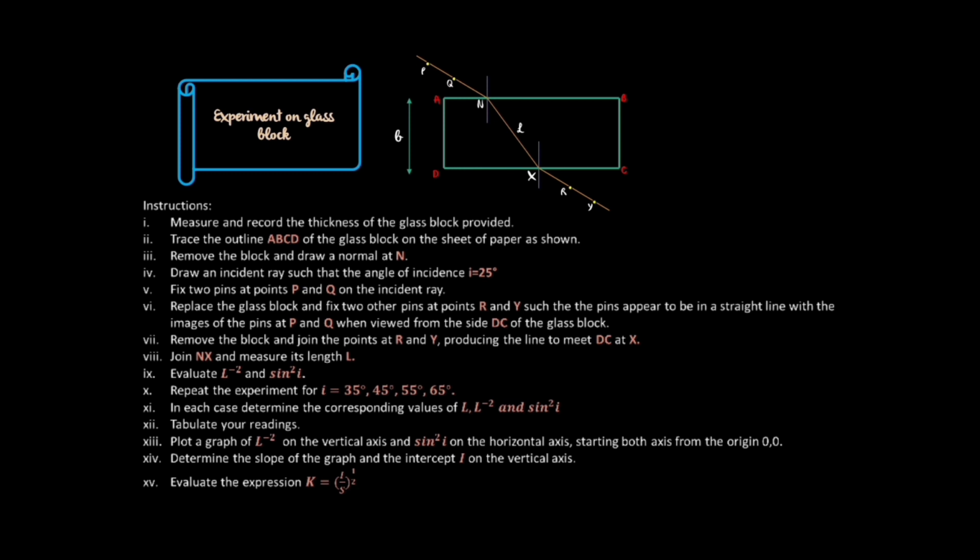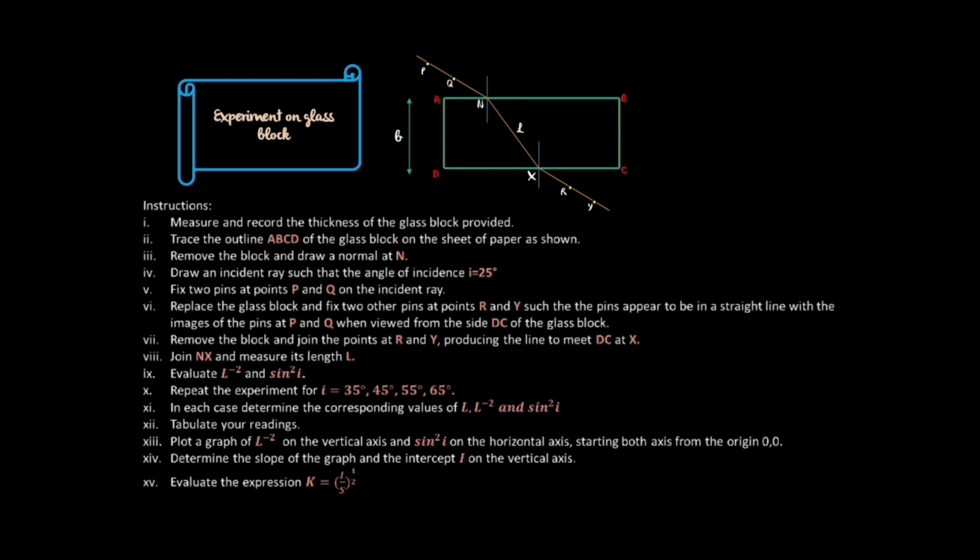Replace the glass block and fix two other pins at points R and Y such that the pins appear to be in a straight line with the images of the pins at P and Q when viewed from the side DC of the glass block. Remove the block and join the pins at R and Y, producing the line to meet DC at X.